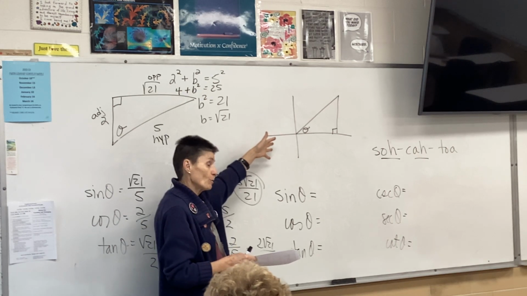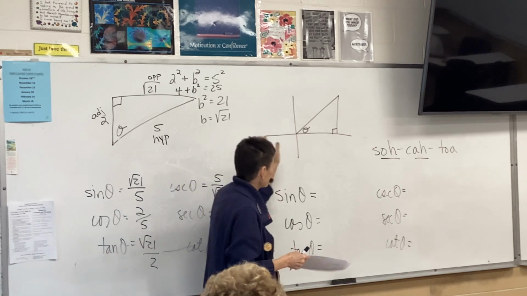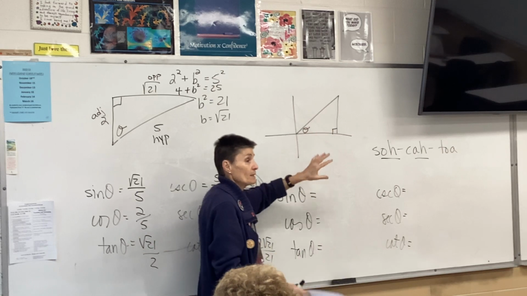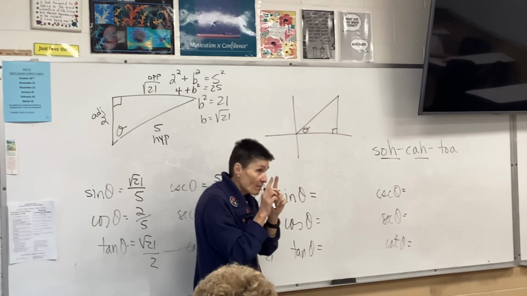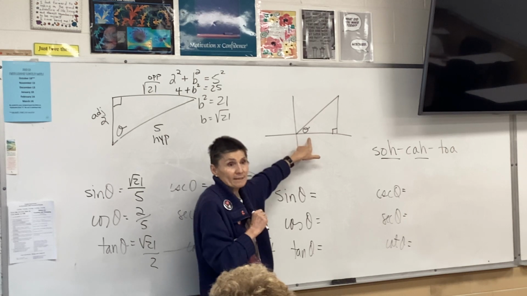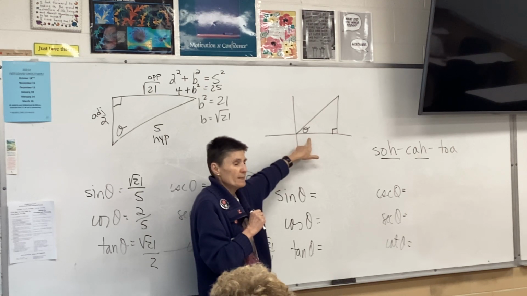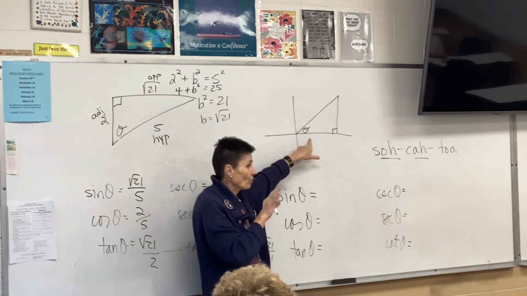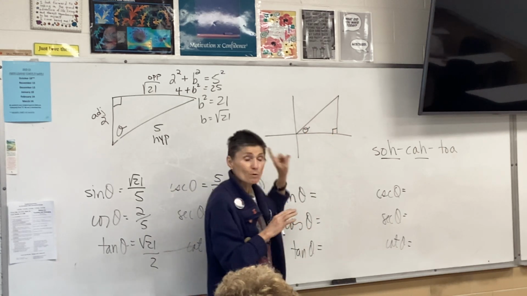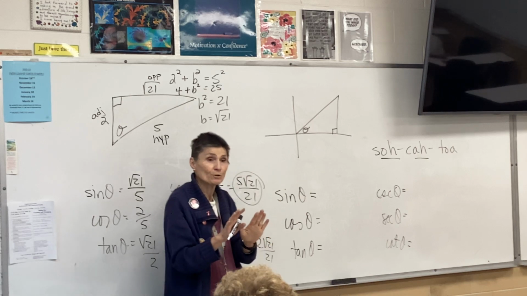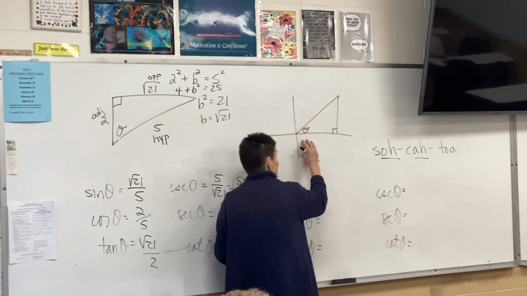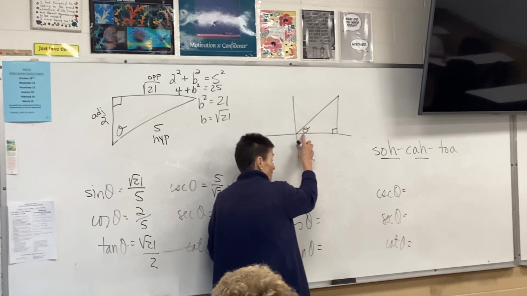So when you have to draw your own picture, set up your coordinate axis system and just draw your triangle sitting right on it. When you set it up that way, theta will always be right there at the origin. It gets confusing when you try to draw your triangles other ways. So just always draw it this way if you have to draw your own. If it's already drawn for you, that's okay. But if you have to draw your own, draw it like this and put theta right there.